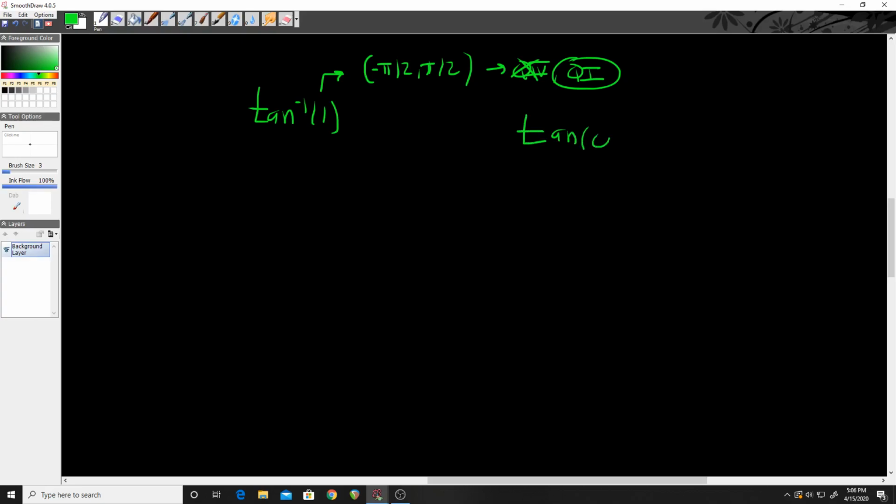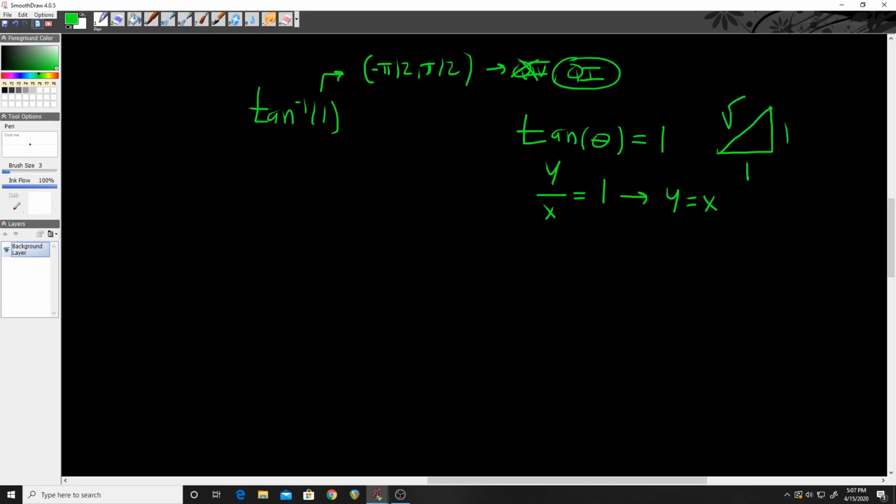So the tangent of something has to be 1. That means, well, definition of tangent is y over x. Y over x has to be 1. If y over x is 1, that means y and x have to be the same. So if y is 1, x is 1. So we're talking about this triangle. Y and x are both 1.